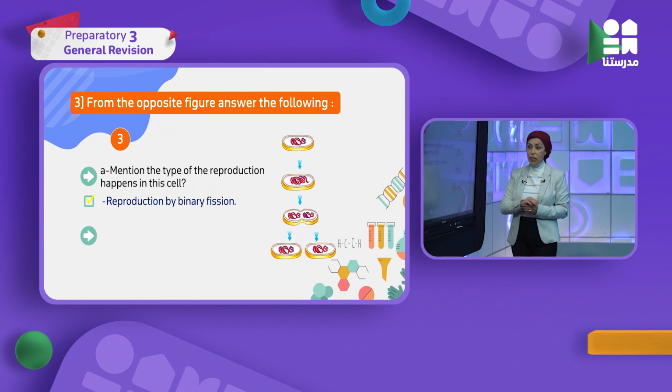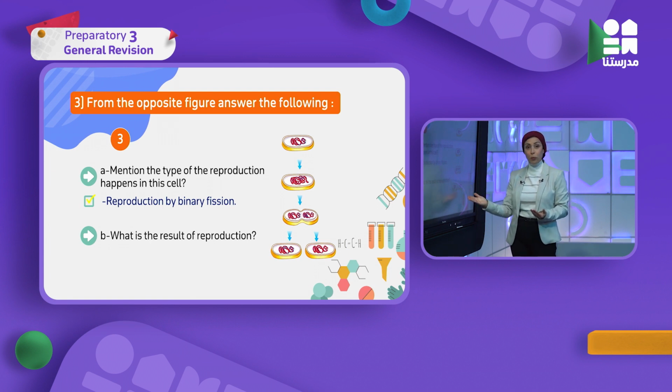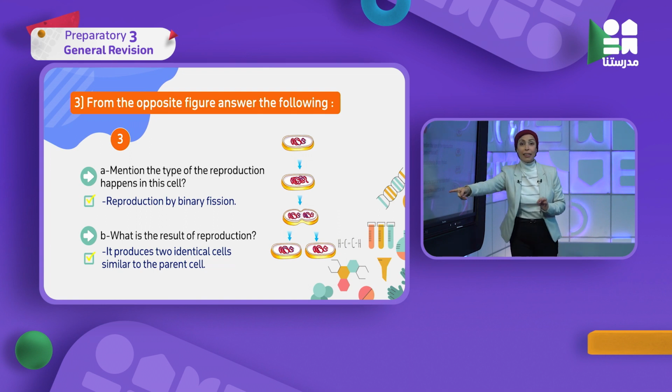Let's see the next question. What is the result of this reproduction? The result is identical cells, exactly like the parent cell. So you have to mention that the cells are identical to the parent cell.